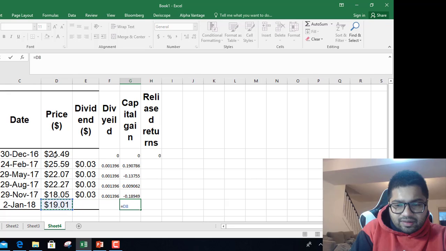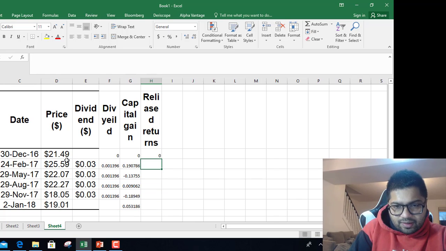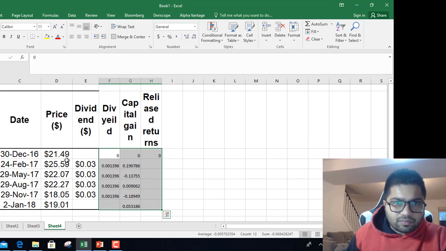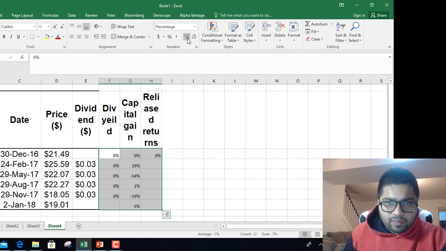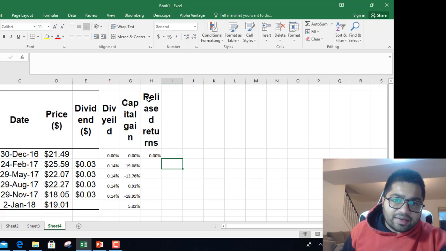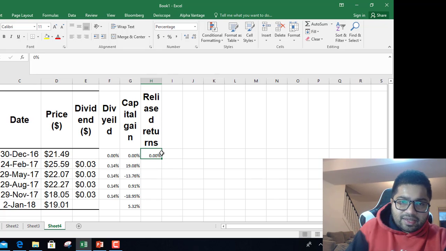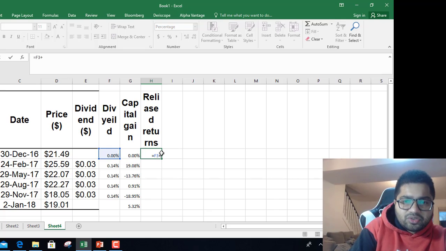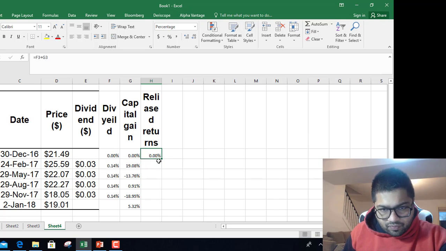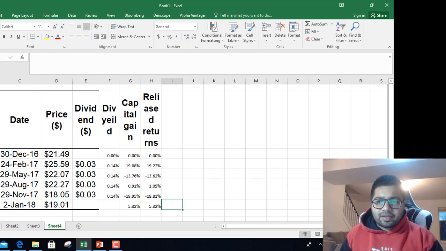Finally current year divided by previous year minus 1. Okay, so let's look at it in percentage. So we know dividend yield, we know capital gains, realized return is the addition of these two. If you just drag it, these would be realized return.